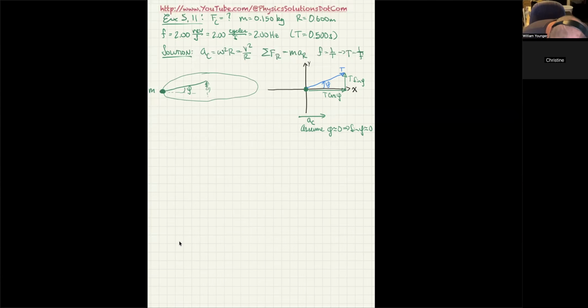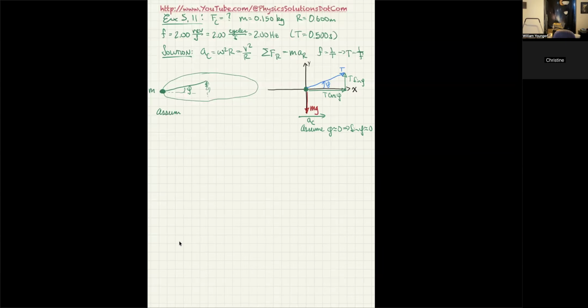Now, there's also another force acting here, and that force is the weight of the ball. So that force is m times g. If we assume phi is small, then we can proceed as follows.